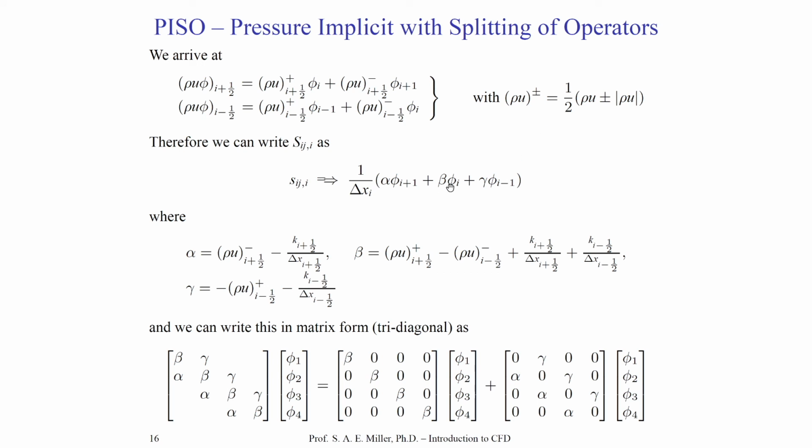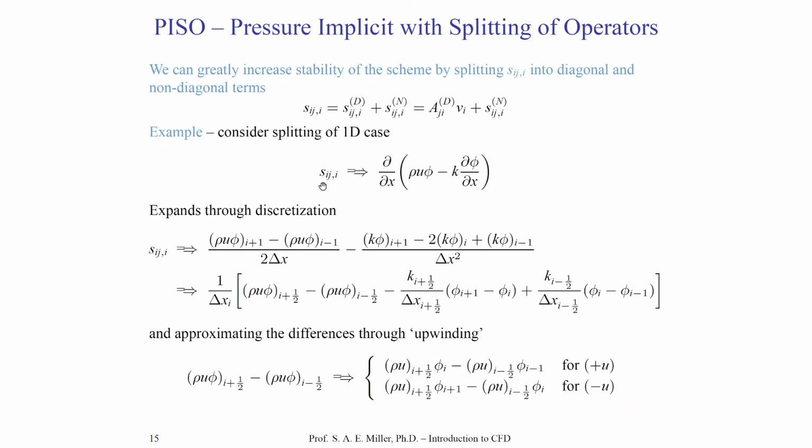Or if it's high speed, it might be a very, very small negative velocity and a very high speed positive velocity. So we can also rewrite Sij and these coefficients, alpha, beta, and gamma, and put them all in the scheme. Once we do all that, we can tridiagonalize the system for a structured grid, and you'll find a system like this, a tridiagonal dominant of beta, gamma, and alpha, beta, and gamma and alpha. This is the diagonal and off-diagonal term decomposition, which we talked about, of course, on the first line of slide 15.